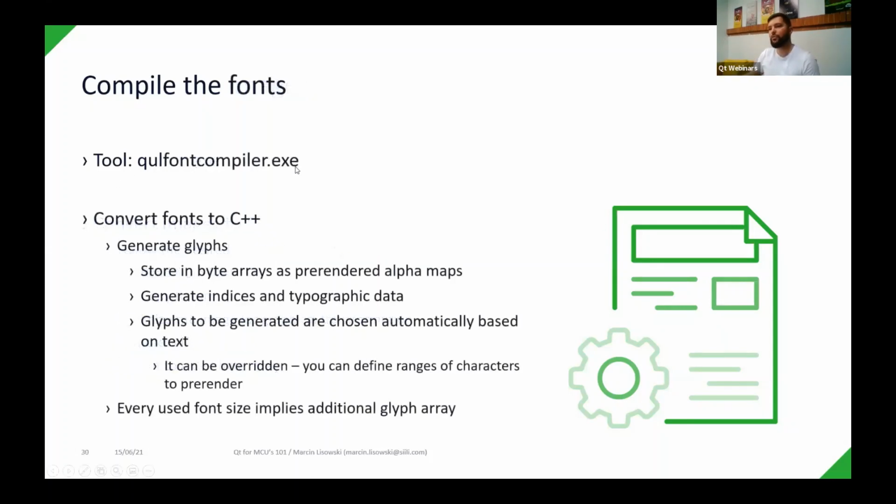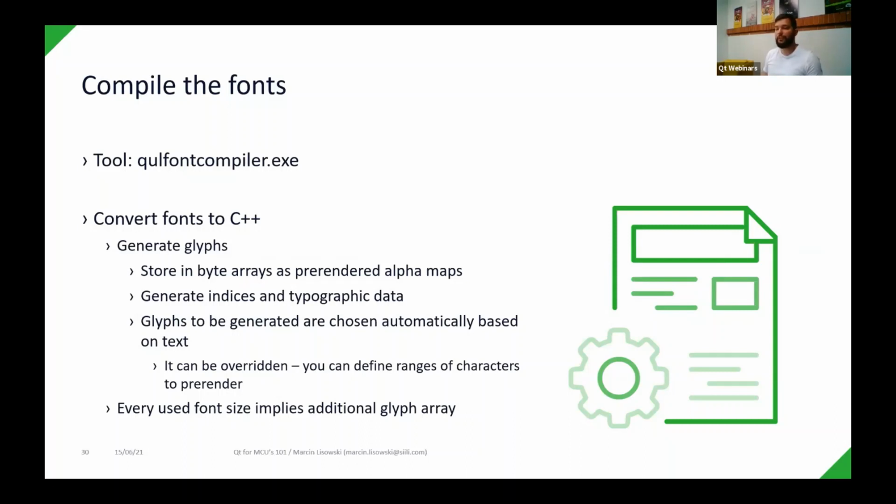Well, yeah. So the next tool is Qt Font Compiler, and this tool generates glyphs that are also stored in byte arrays as pre-rendered alpha maps. I also said that it defines and generates glyphs for each font and size combination. So more fonts and more sizes of the fonts in your app will mean more glyphs generated and more memory consumed for those.